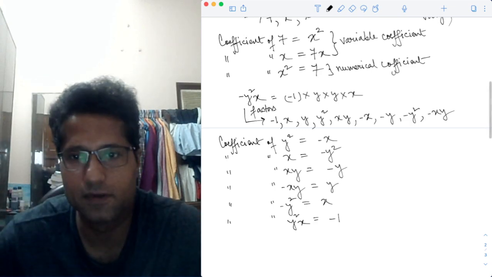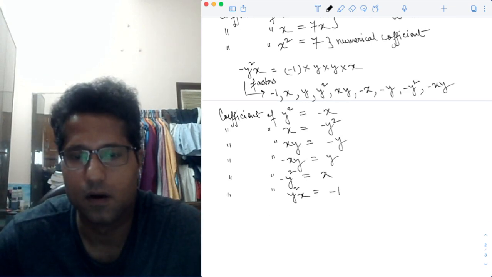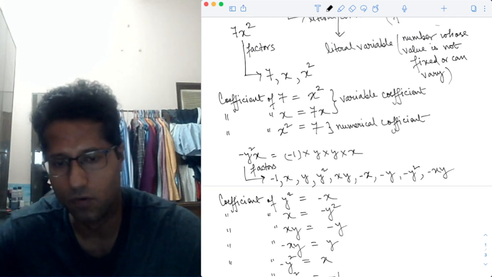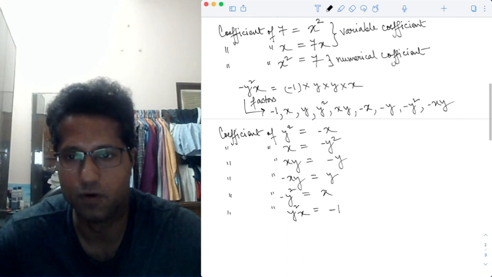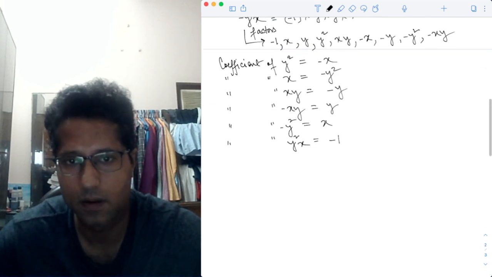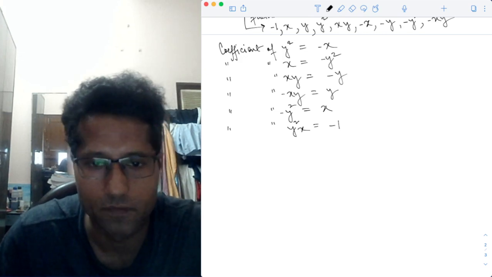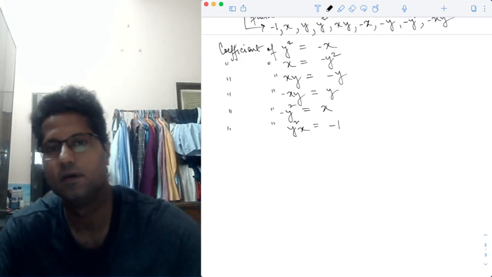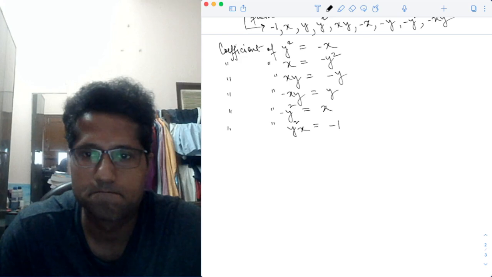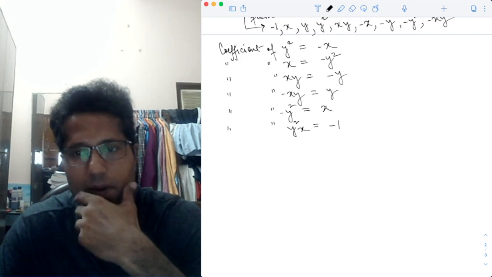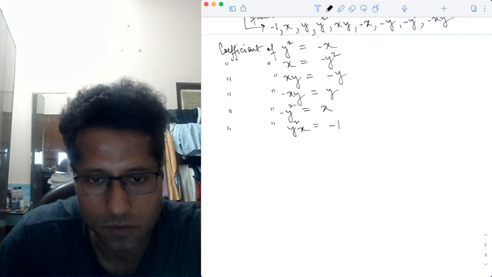Now, what is coefficient of a term? So far we were discussing coefficient of a factor in a term. Now, what is coefficient of a term? Coefficient of a term is the numerical part of the term.